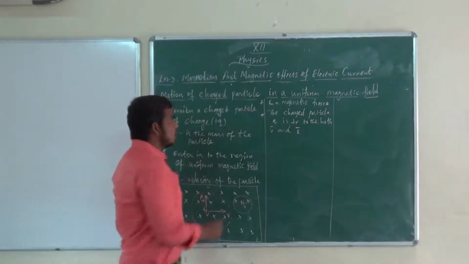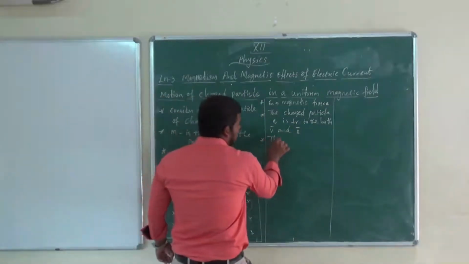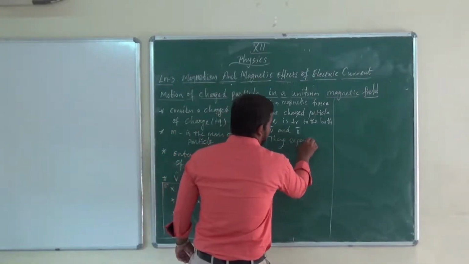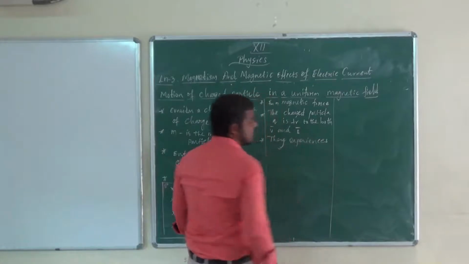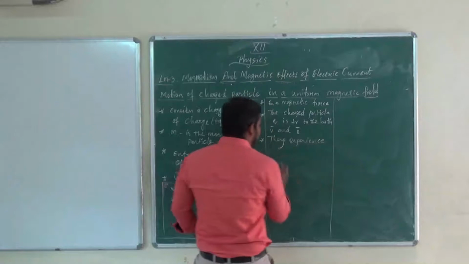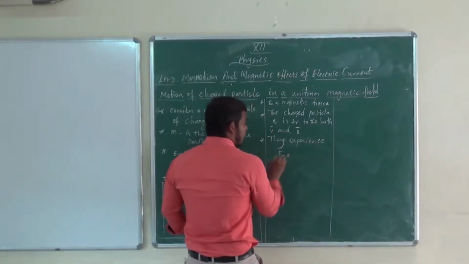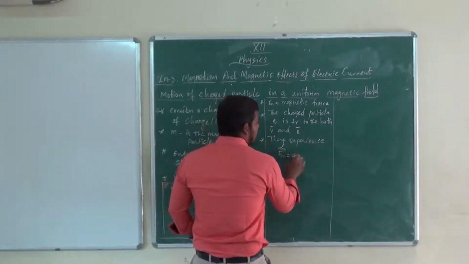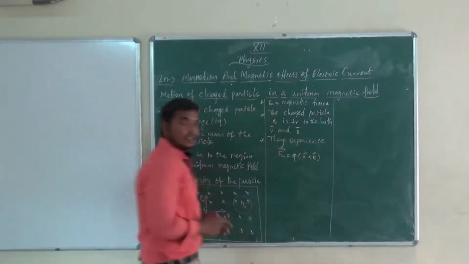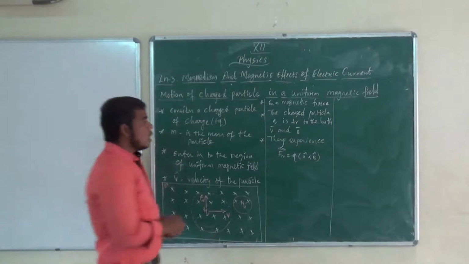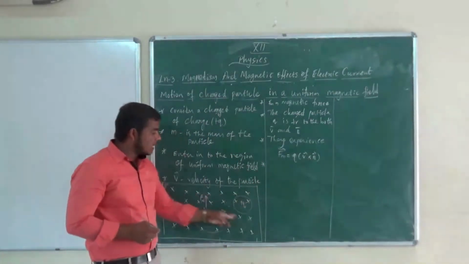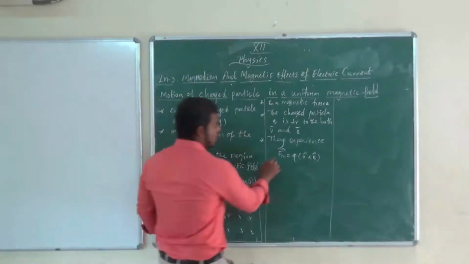Just now we have discussed that it experiences the magnetic Lorentz force, F in vector form, q v vector cross B vector. Am I correct? Due to the magnetic Lorentz force, the particle executes a circular path.